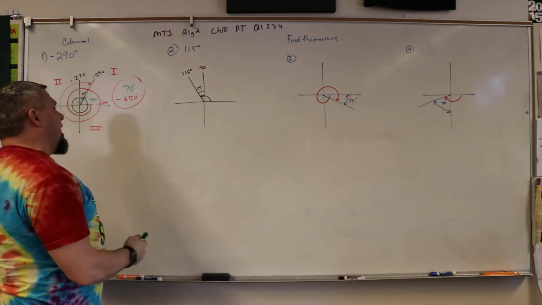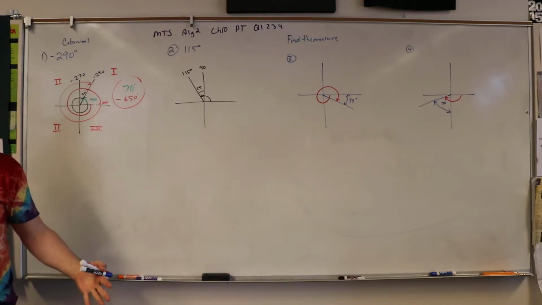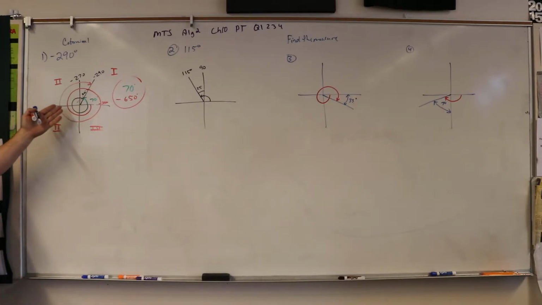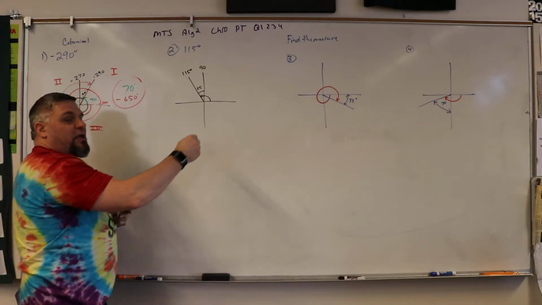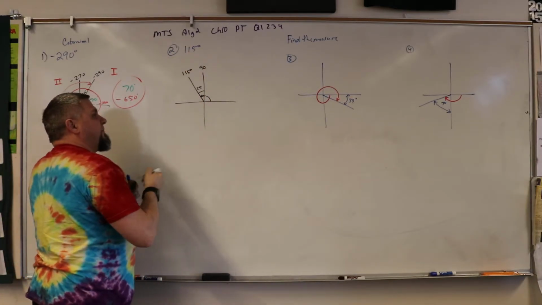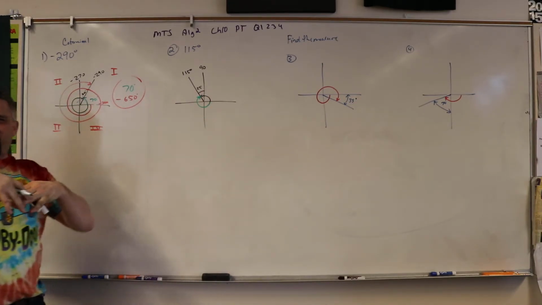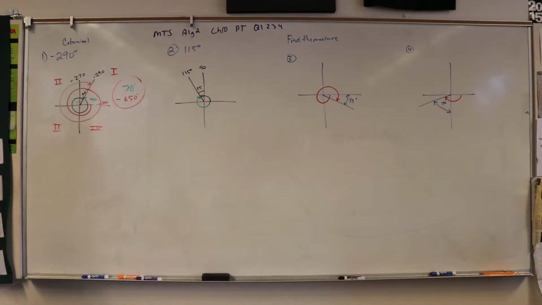I always find the opposite one first, like I did here. Since the first one was negative, the second one was positive, so I found the positive first. In this case, the first one is positive, so I find the coterminal that's negative to it. I just like to complete that circle first.